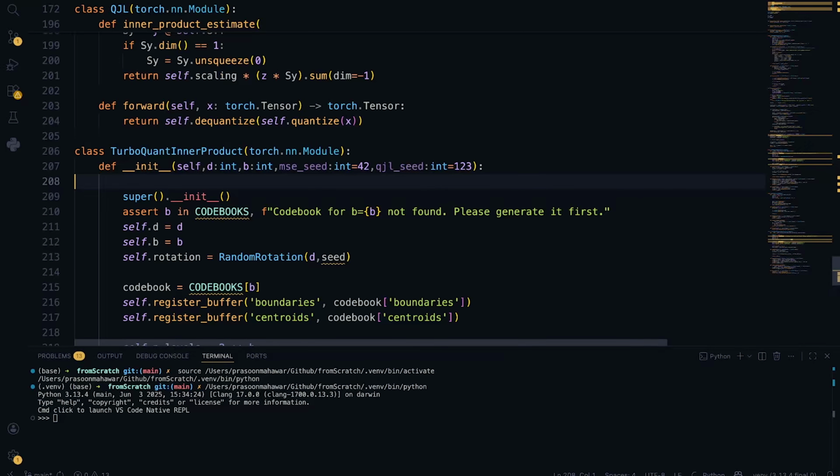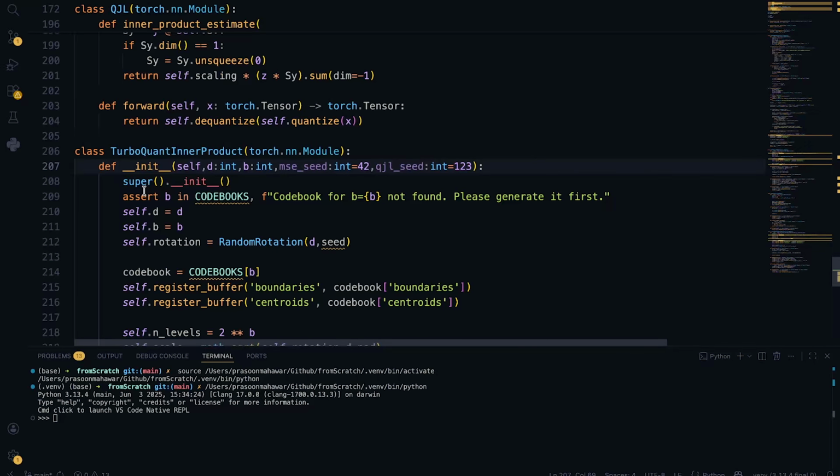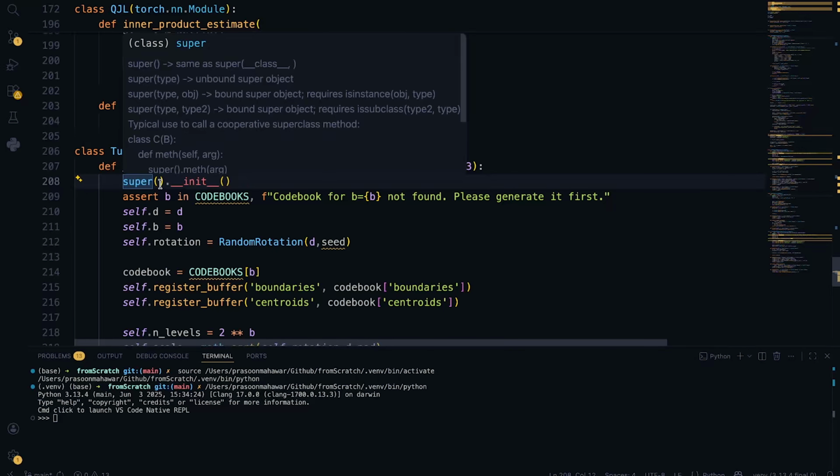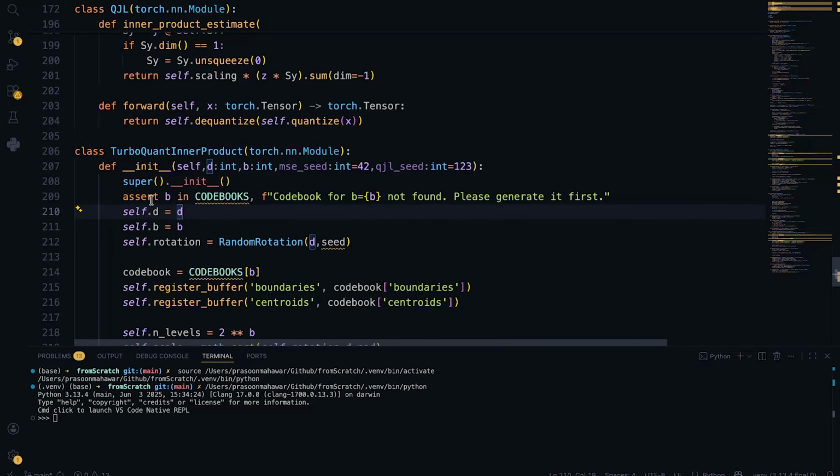Let's see if the AI has written the right code. We call the super init method of the superclass, and we then assert that b is greater than or equal to 2.